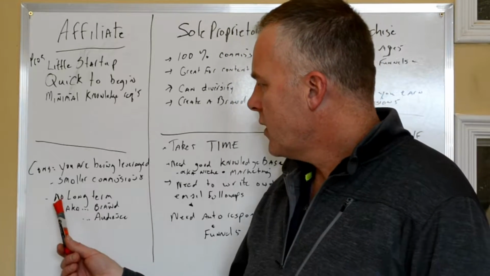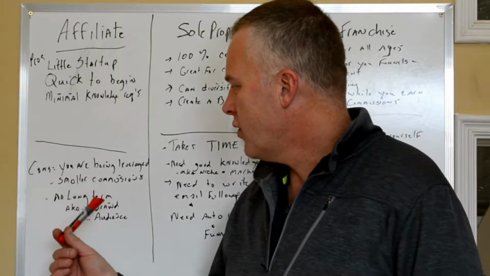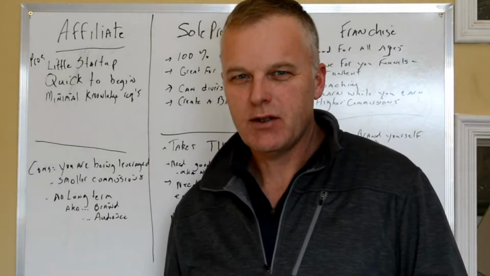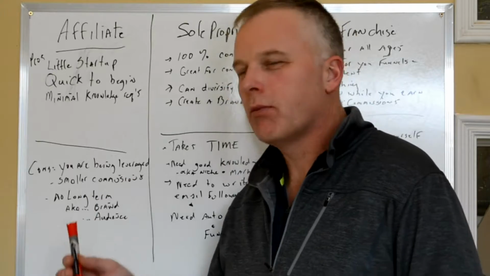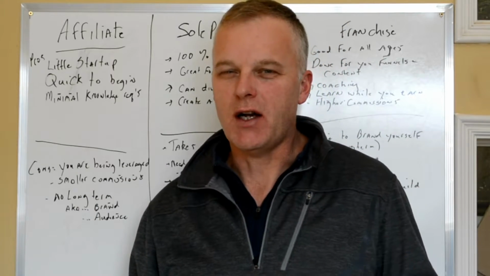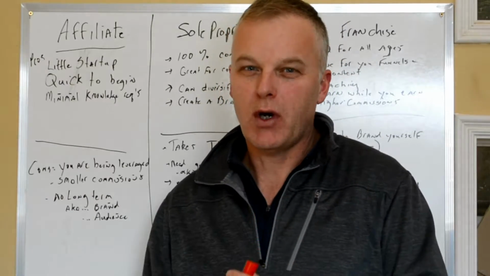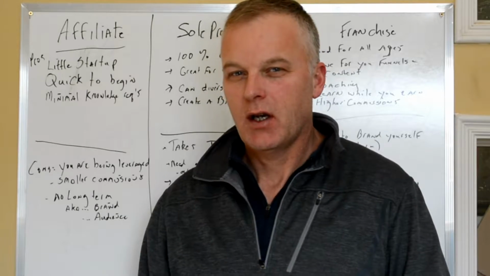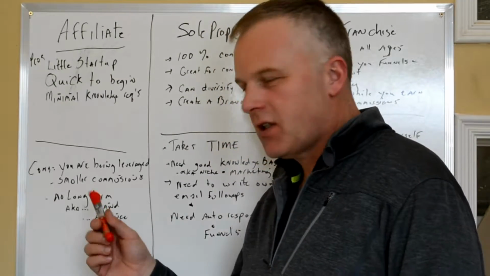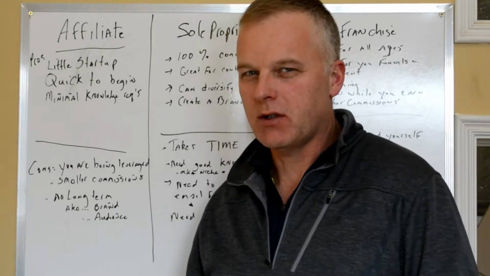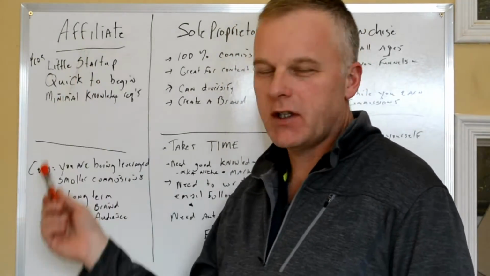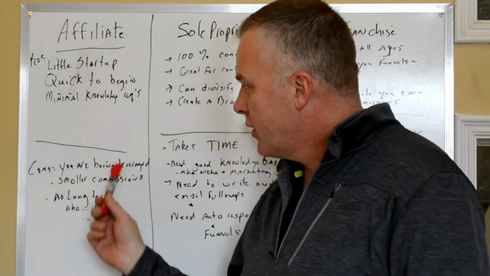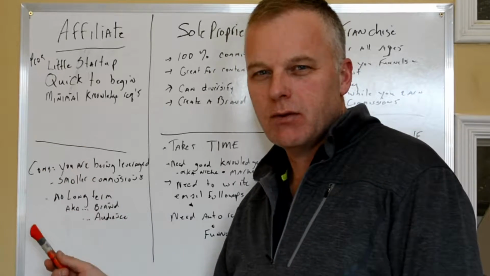And the other one is there's really no long-term in it. You're not developing your brand. You're not really developing your audience. You're just promoting products to a demographic. Now there's ways around this, which I've discussed in a previous video, of capturing your leads before directing them to your affiliate, so that you are creating your email list that you own.